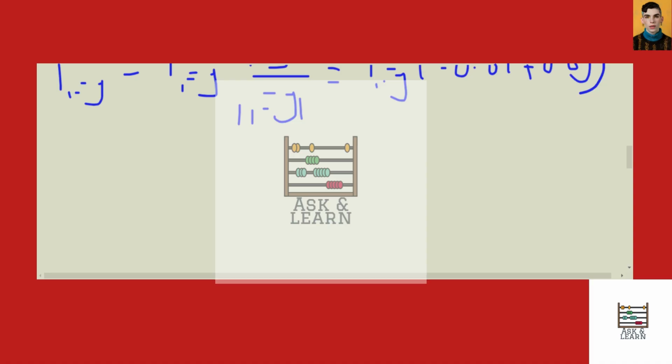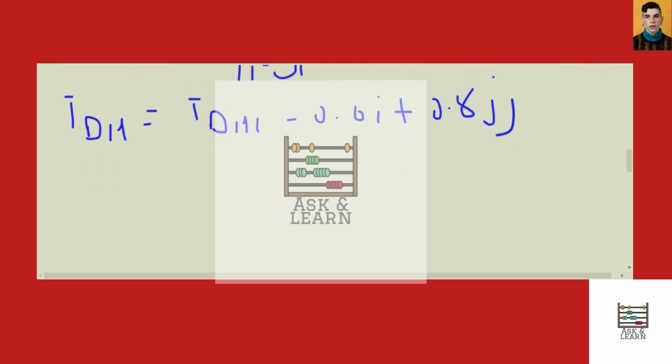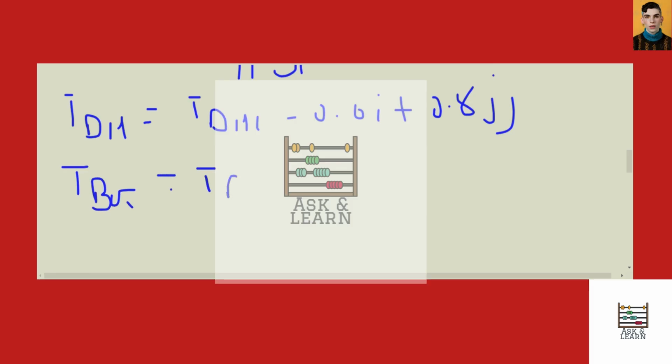Similarly, we can find TDH is equal to TDH into minus 0.6I plus 0.8J, and TBG is equal to TBG into minus 0.8I plus 0.6K.